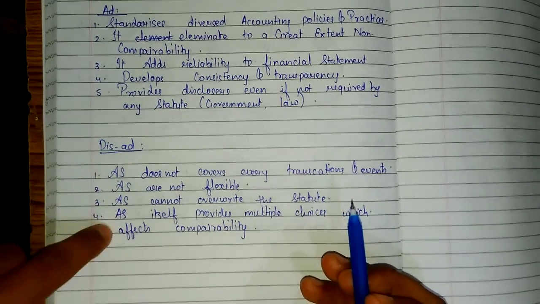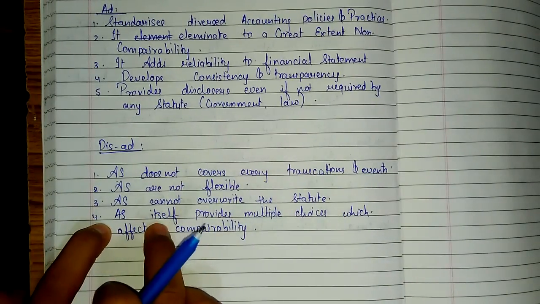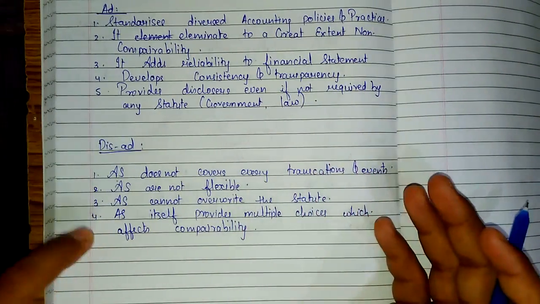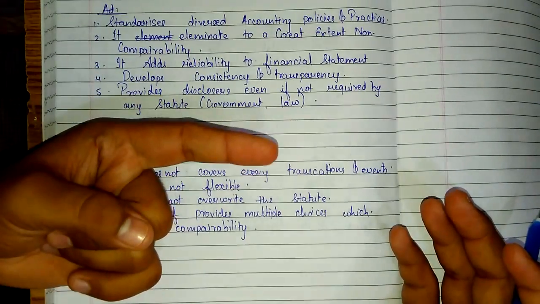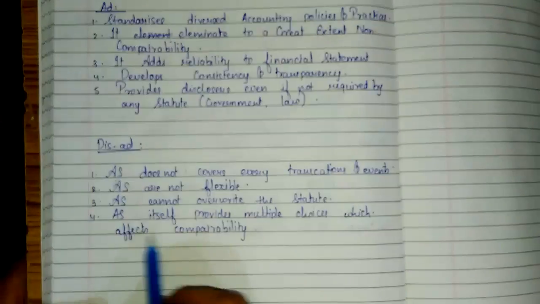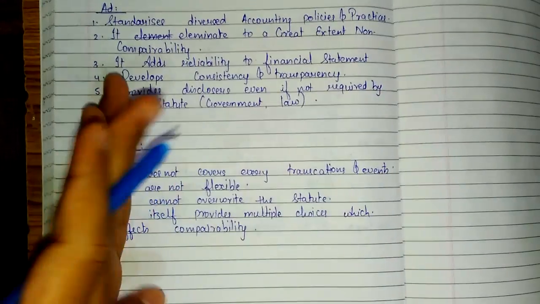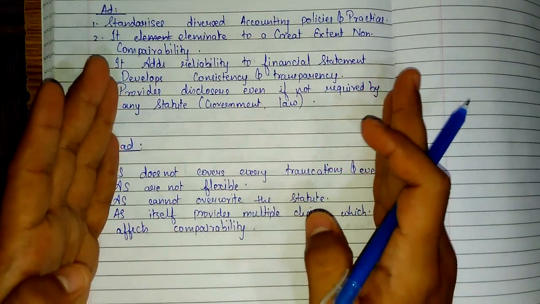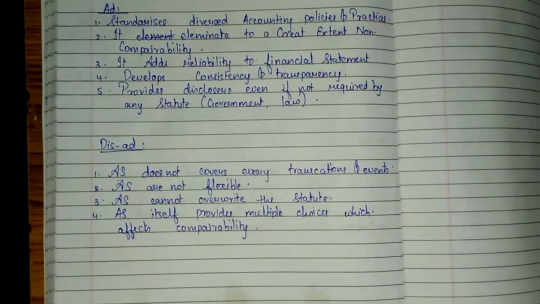I'll give you the reason behind this disadvantage. While valuing the depreciation, we have 2 to 3 methods, that is WDV method and SLM method, that is written down value method and straight line method. We can choose either of the methods. So if entity A is using SLM method and entity B is using WDV method, it will be difficult for comparing, it will become less comparable. Okay, are you all understanding?